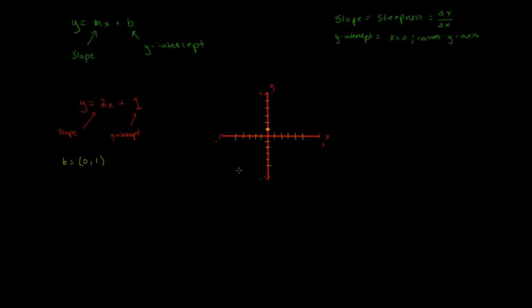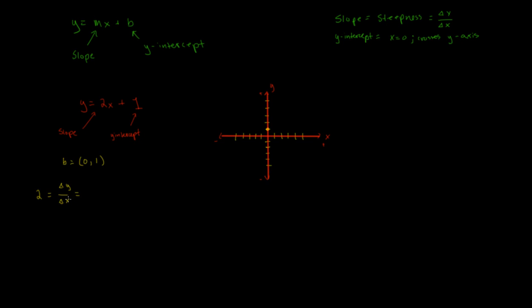The second thing is we need to use the slope to plot the other points. But the slope is 2, so what does that mean? If you remember what slope is, it's the change in y over the change in x. But the problem is we have this 2 here, and that's not quite what we're looking for.